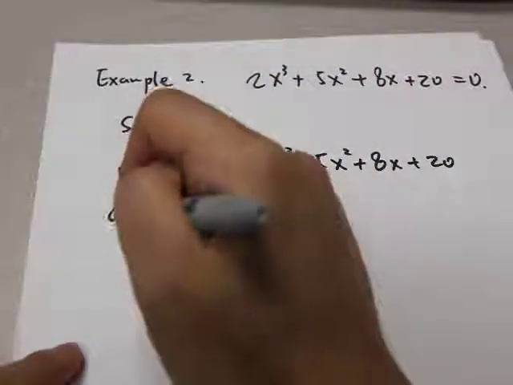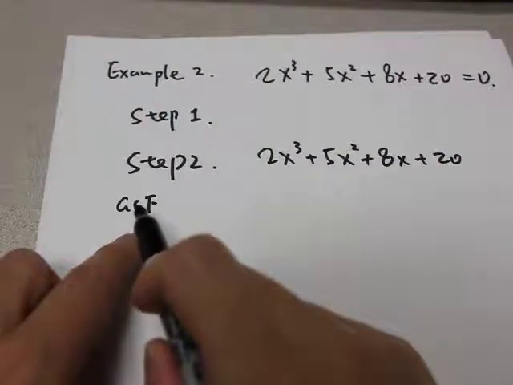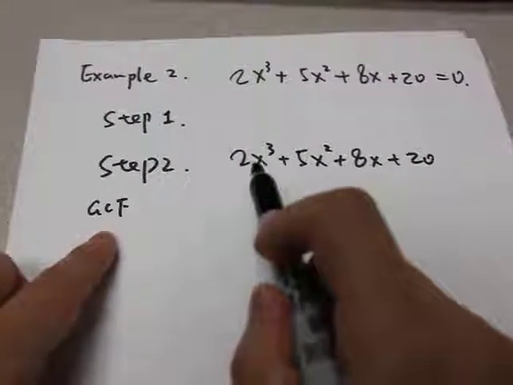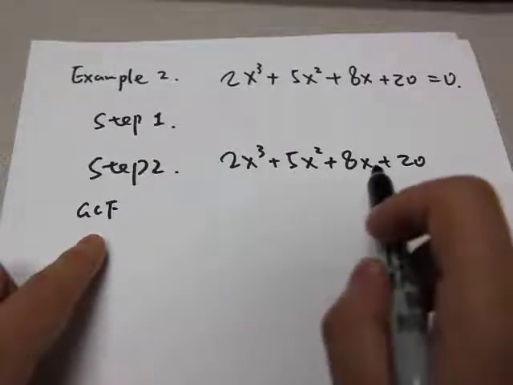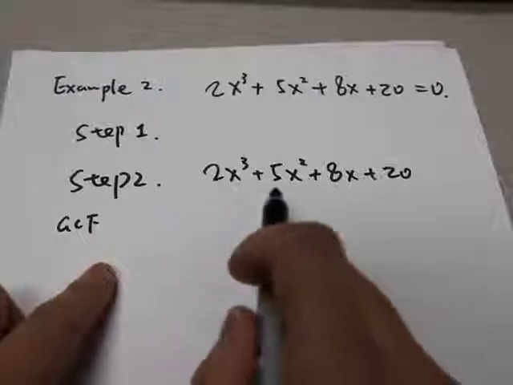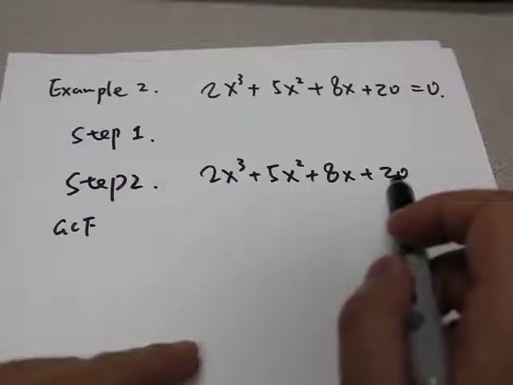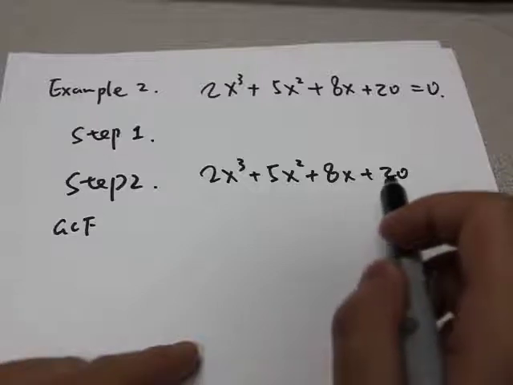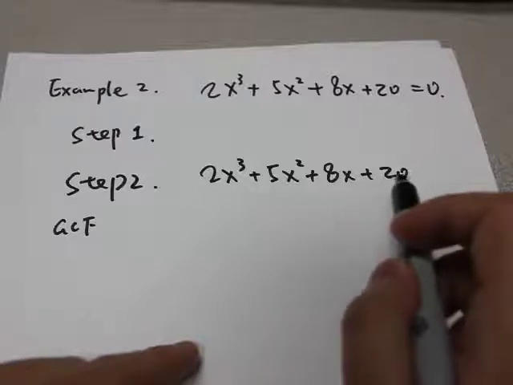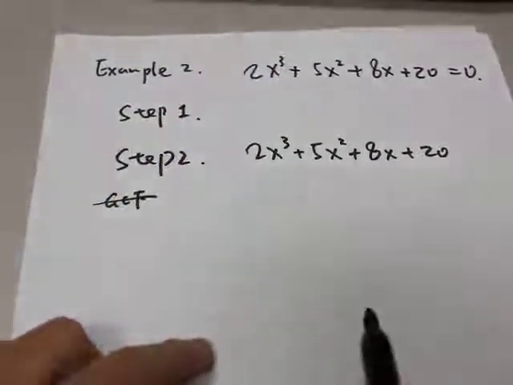So the first one is the greatest common factor. To use this way, every term of the polynomial has to have a common factor. And if you check this, 20 doesn't have an x, right? So therefore we cannot use this method.